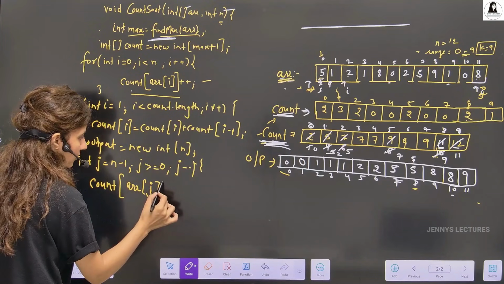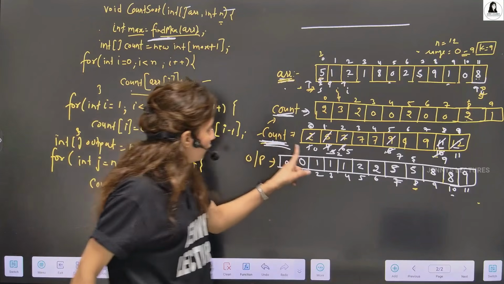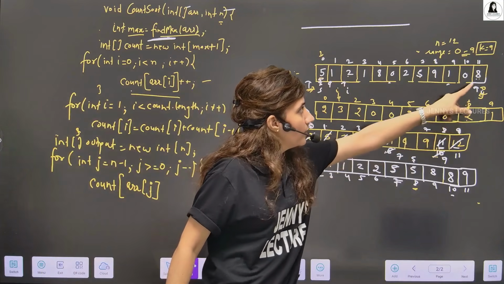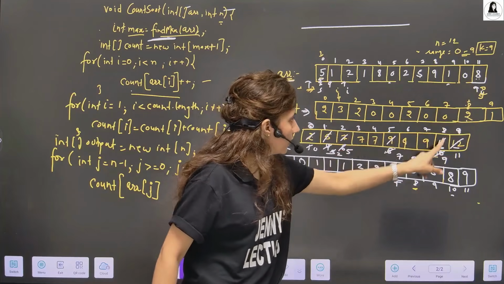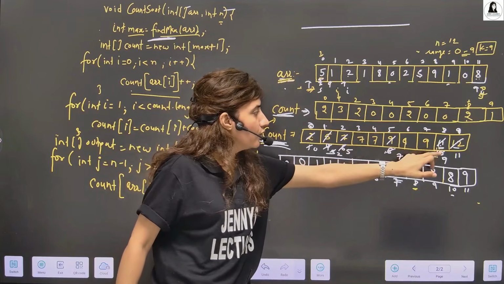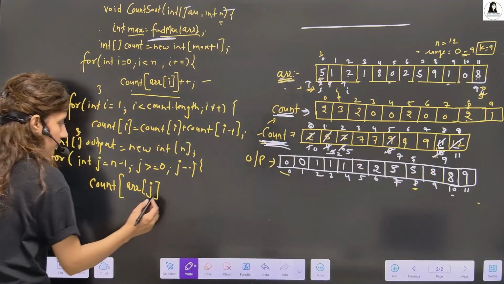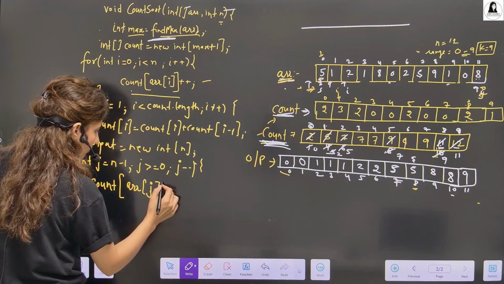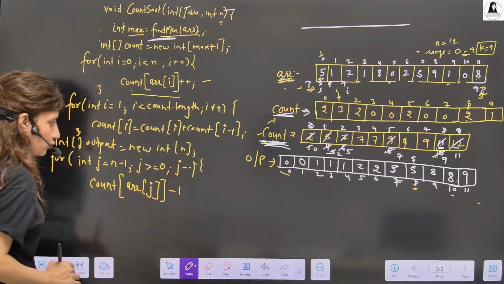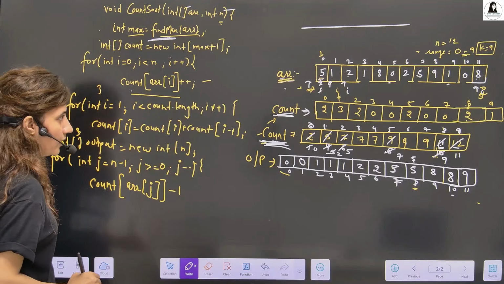Array of j is 8. The value here is, sorry, this is the updated count array, 11. First we do minus 1. Whatever element we have here, we just do minus 1. Right?